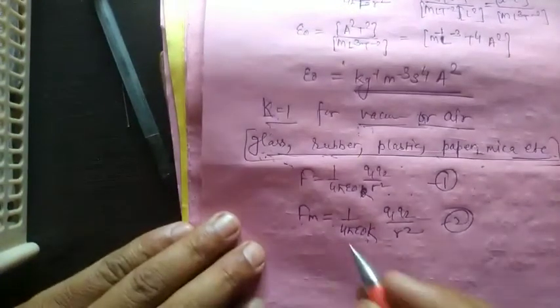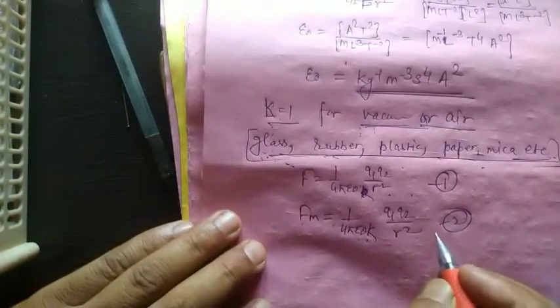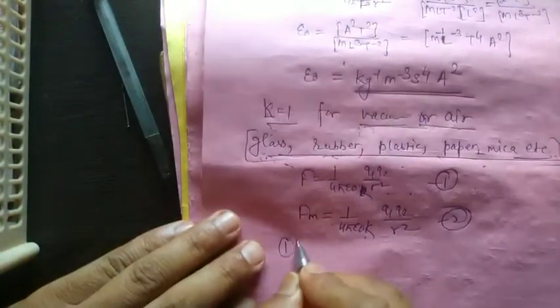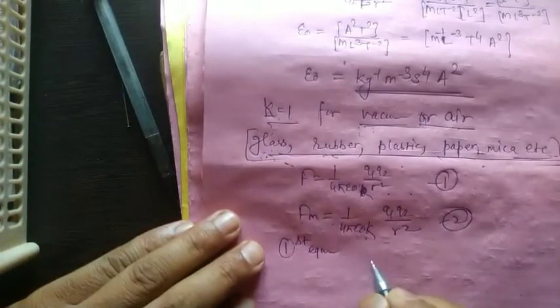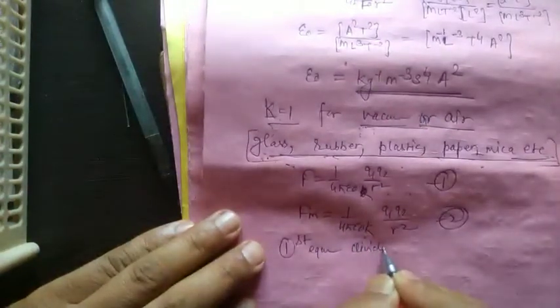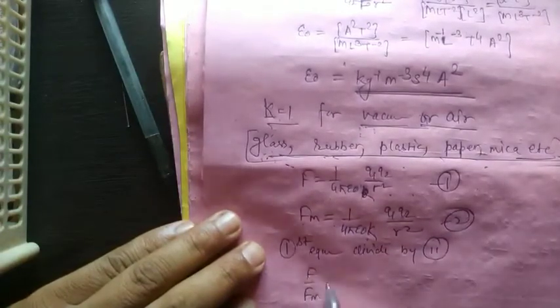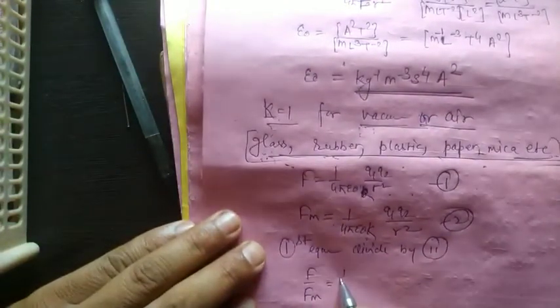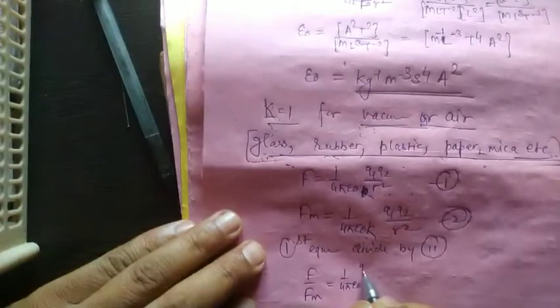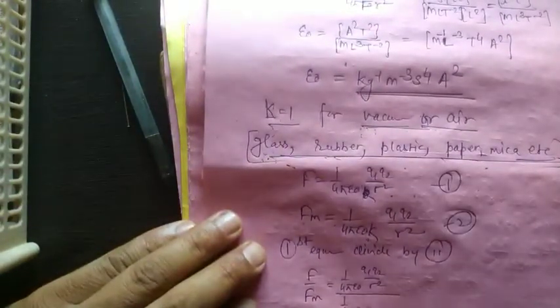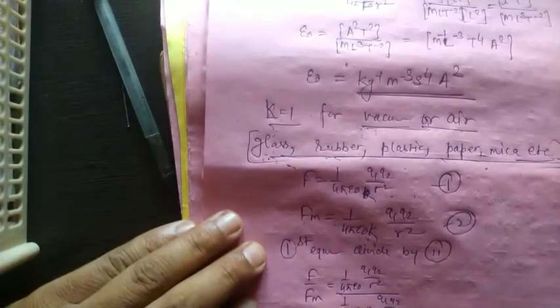We can say if we divide the first equation by the second, F upon Fm, then we have 1 upon 4 pi epsilon naught Q1 Q2 upon R square, and the other is 1 upon 4 pi epsilon naught K Q1 Q2 upon R square.